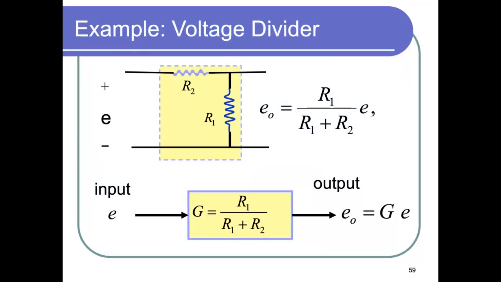But once you have a time element, then we run into issues because we have dynamics in the system. So we cannot have a transfer function representing the system unless we're referring to the frequency domain version of the problem. So if the output voltage is equal to R1 over R1 plus R2 multiplied by the input voltage, then this is the transfer function of the system, which captures the input-output relationship.